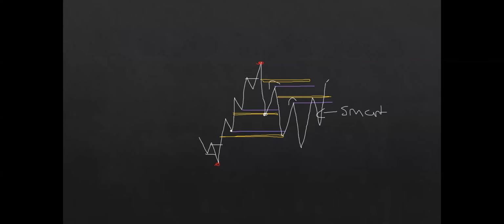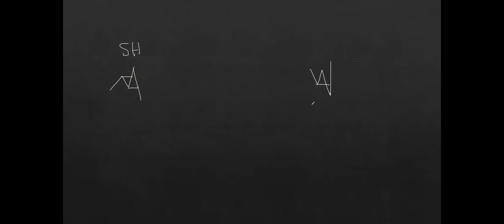Now let's get straight into just the range itself. All right. So we know what a strong high is. It takes out liquidity and breaks structure. That is a strong high, SH. We know what a strong low is. It takes liquidity and breaks structure. That would be SL, right?